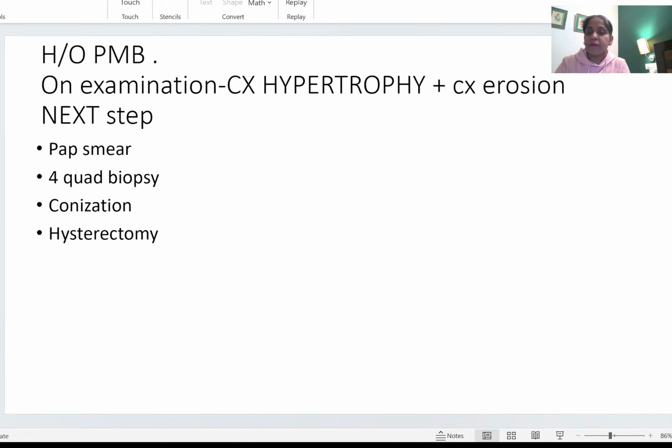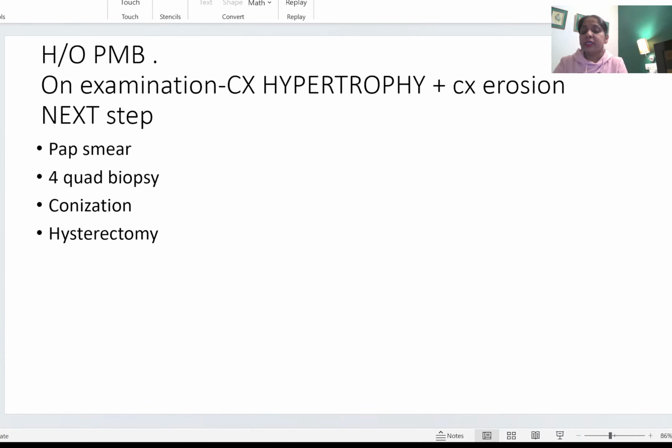Now write down the answer of this. A patient came to you with history of postmenopausal bleeding.